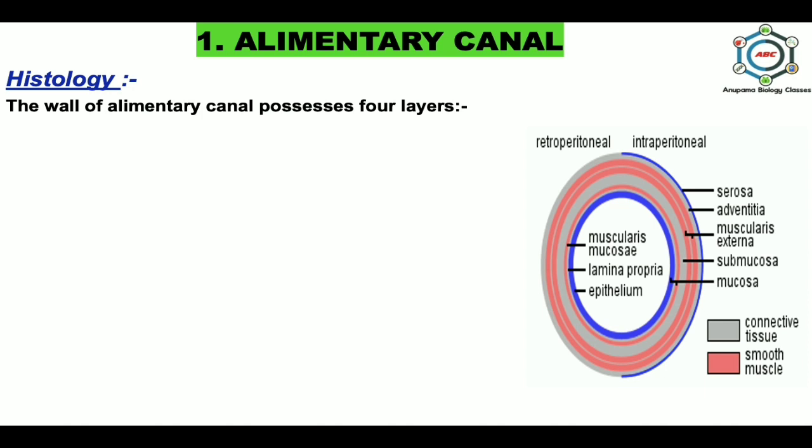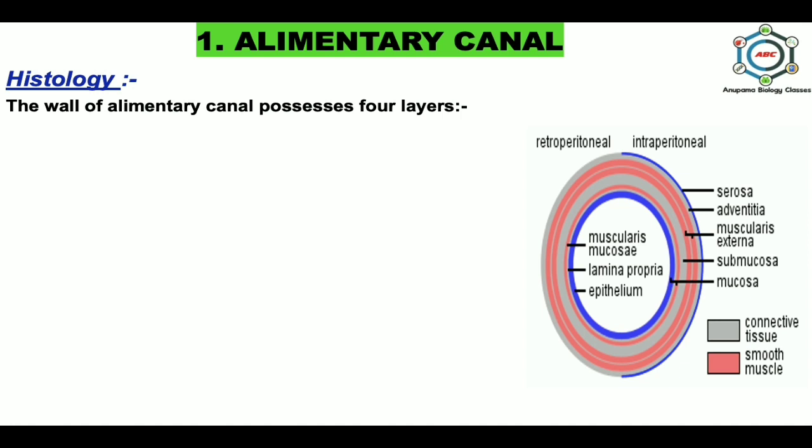On the upper side of the picture, you can see two words present, that is retroperitoneal and intraperitoneal. So, what is the meaning of these two words? Retroperitoneum means behind the peritoneum, that means inner side of the peritoneum, and intraperitoneal means within or administered by entry into the peritoneum. So it is the outer part of the peritoneum.